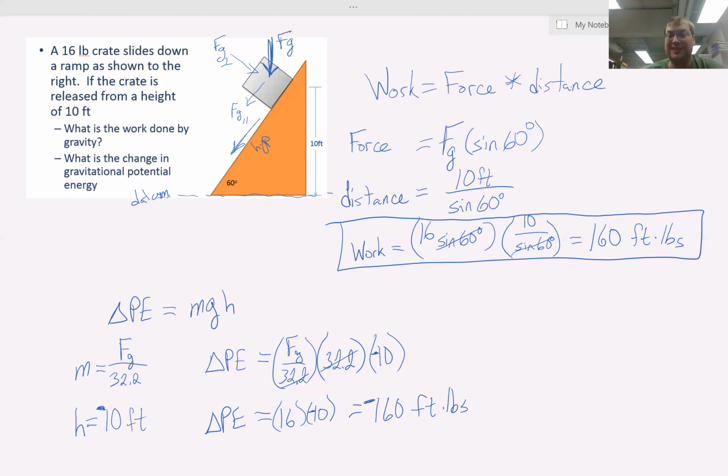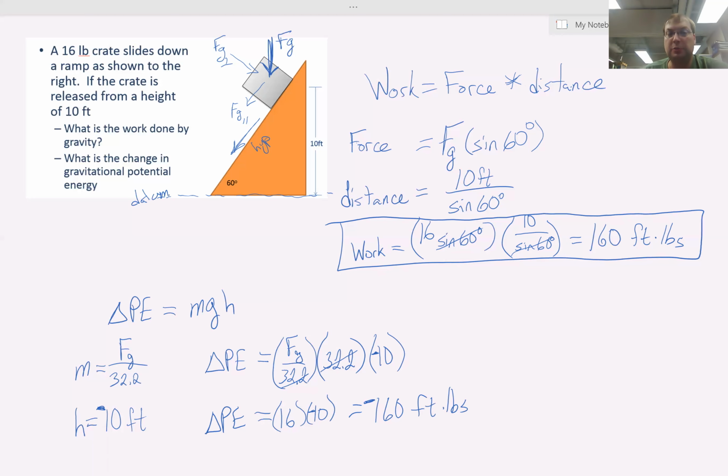So we started from a height where we had positive potential energy, and we lose all of that potential energy, such that the overall change in potential energy is our final potential energy, which was zero, minus our initial potential energy. So that's one way you can think of this. Also, you can look at it as a delta H, and delta H, because we went downward, could be treated as a negative.